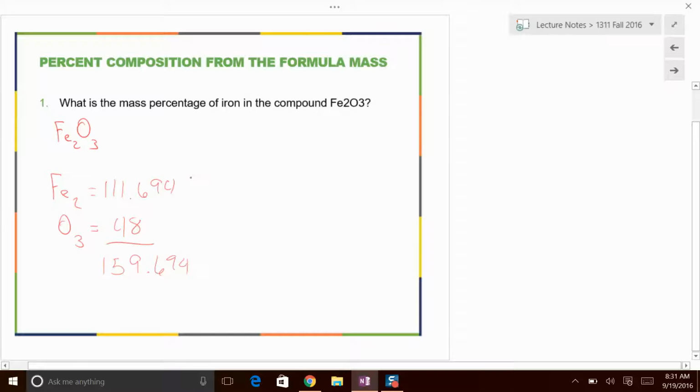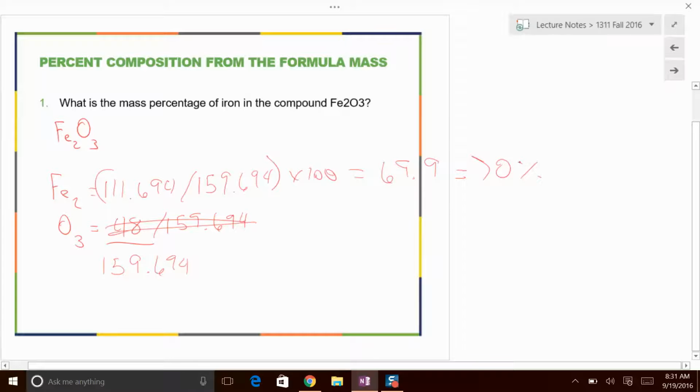Okay, so this divided by 159.694, times 100. You don't have to do it for the oxygen because we're not figuring that one out. Is that how you did it? Yeah. What'd you get? It's like 69.9, but just running it off the side. Okay, equals 70%.